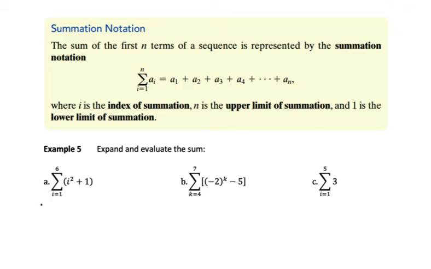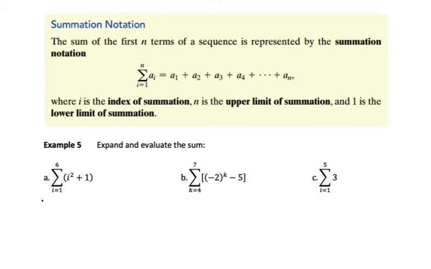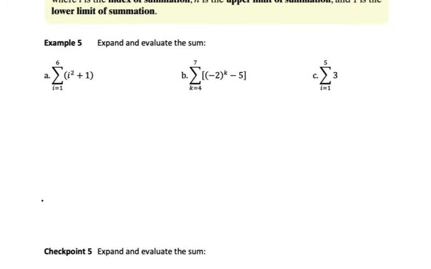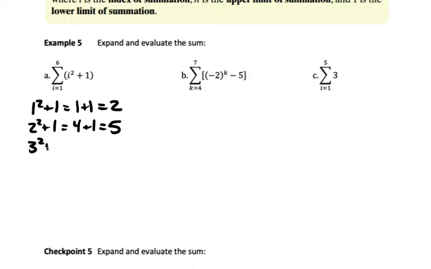So we're going to look at example 5. Looking at part A, we're going from 1 to 6 and plugging into I squared plus 1. So we'll start with 1. 1 squared plus 1 is 2. And we'll plug in 2, which gives us 5. We'll plug in 3, which gives us 10.